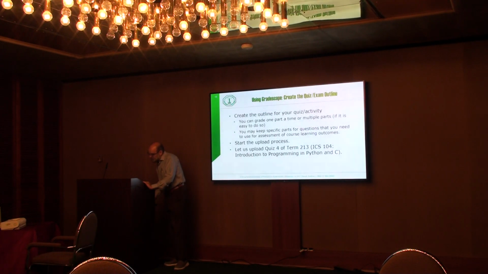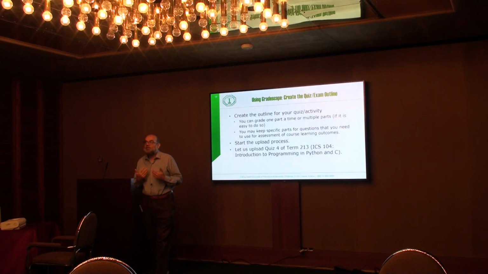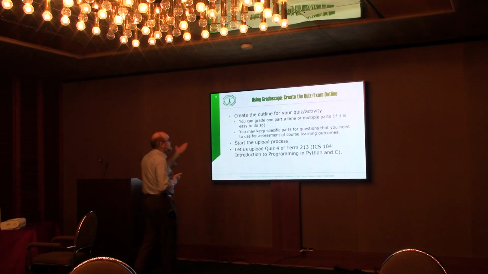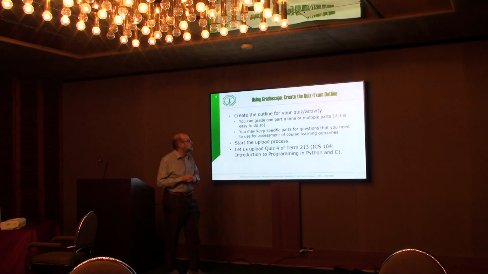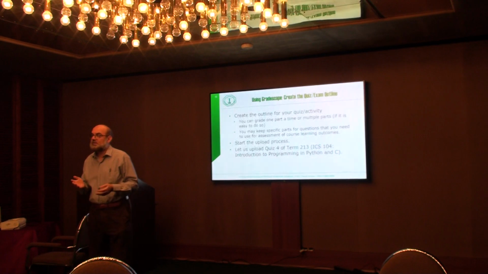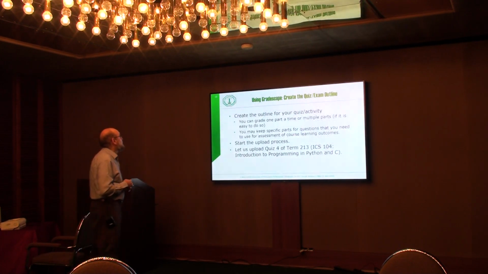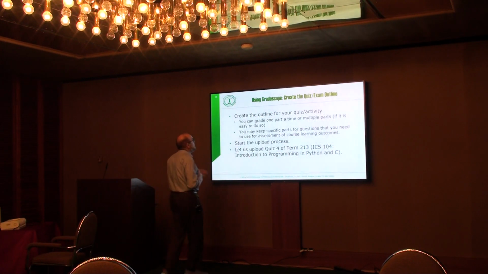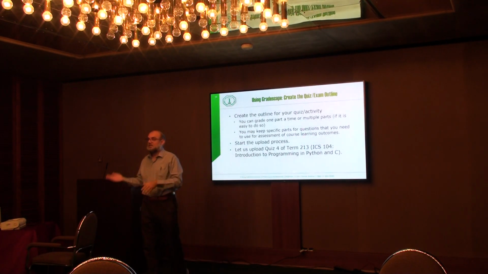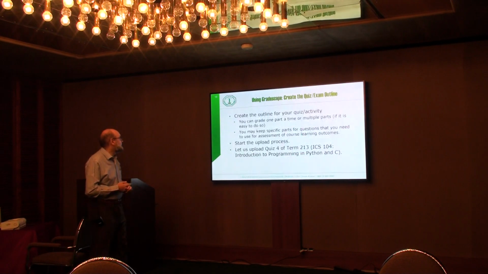Okay, so now if I want to create a quiz or an activity, then I need to upload it to Gradescope and set it up for grading. So basically, the way to do that is we create an outline of the task, whether it's an assignment or a quiz or an activity.